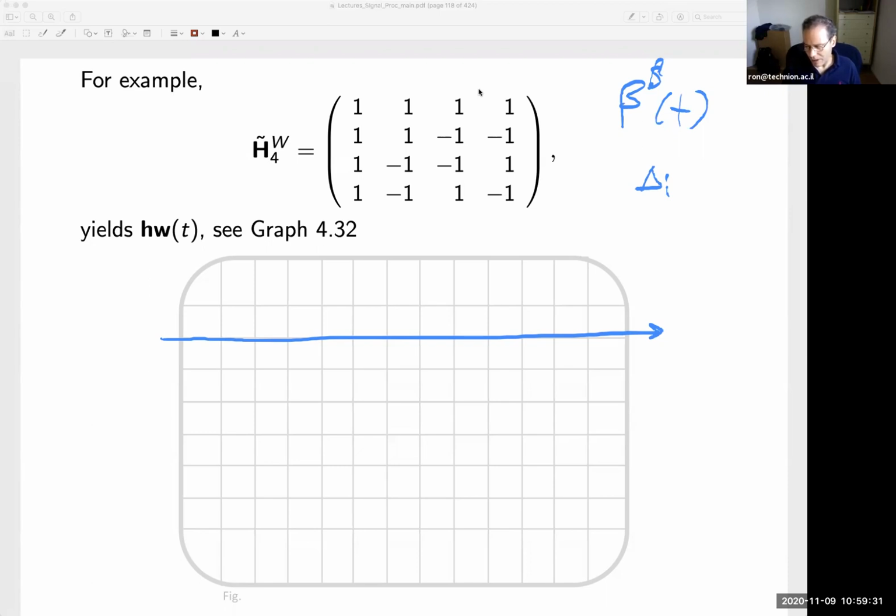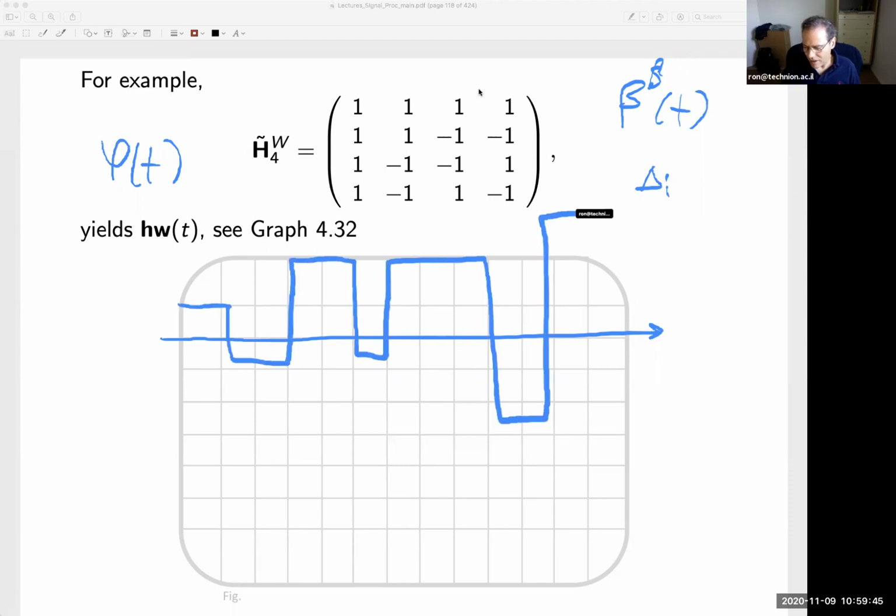So if I'm about to represent all my phi t's, which are piecewise constant functions that look like that, then taking the full basis would be the best way to go. Why? Because it's good enough.